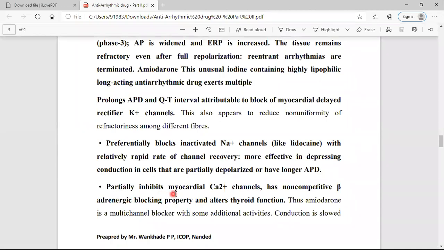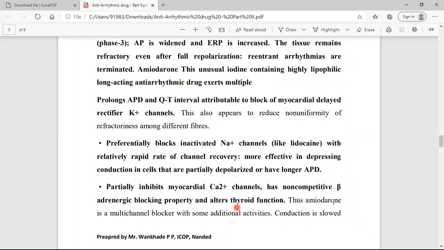This drug also inhibits the myocardial calcium channel, and also has a non-competitive beta adrenergic blocking property. It also alters the thyroid function, because this is an iodine containing drug.